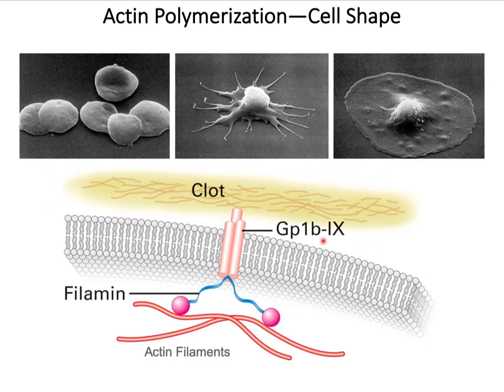In particular, it is mediated by a transmembrane protein complex known as GP1b-IX, which can interact with a clot on the outside and with actin on the cytosolic side of the platelet membrane. It connects with the actin through filamin. So this is another role of filamin, which is a cross-linking actin binding protein.